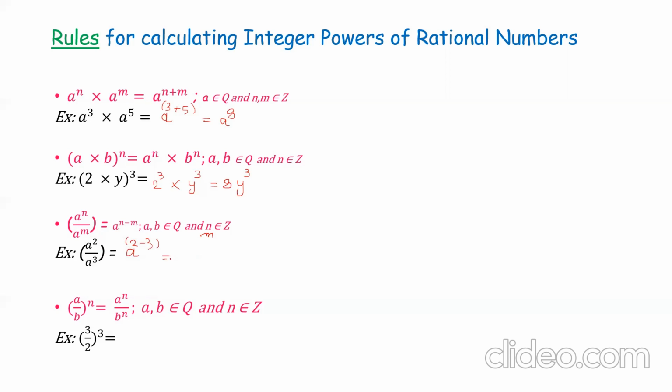And this will give us a to the power of minus 1. We have seen previously that this is the reciprocal of a, which is equal to 1 over a. So this would be the result.